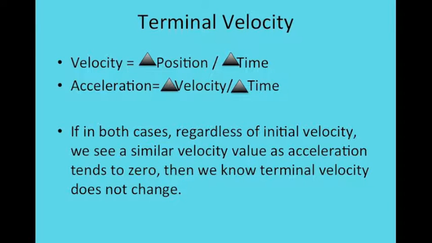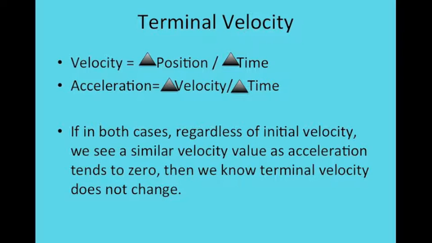Now, analyzing the data gained from running each model, in addition to just the position and time, we can gain the velocity, the change in position over change in time, and the acceleration, the change in velocity over change in time, at each point. As we stated before, terminal velocity is when the acceleration is reaching zero.